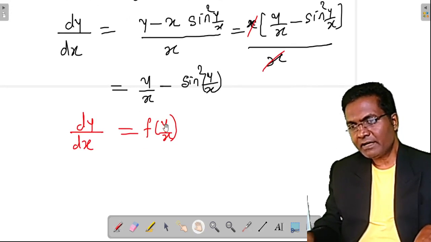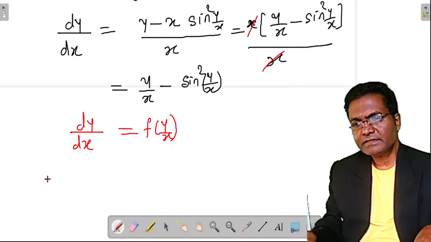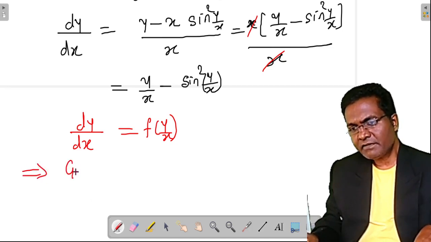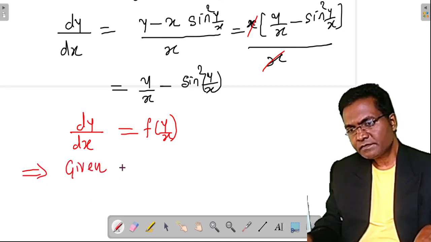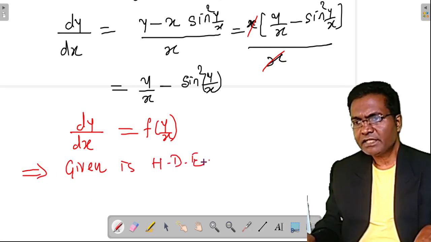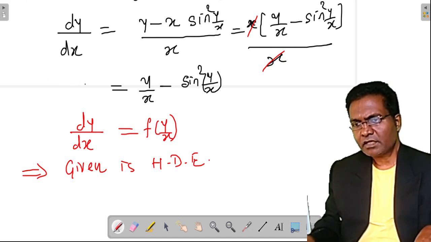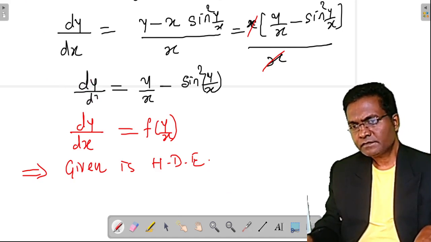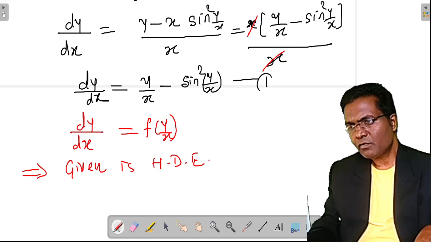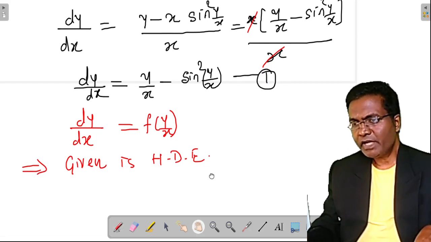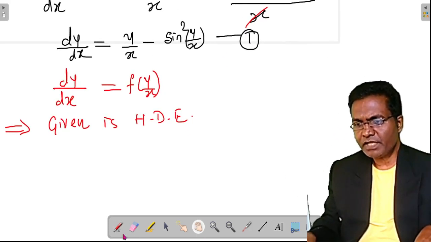Now dy by dx is in this form, means clearly it implies given is a homogeneous differential equation. I call it as number 1. So make the substitution, y by x is equals to v.